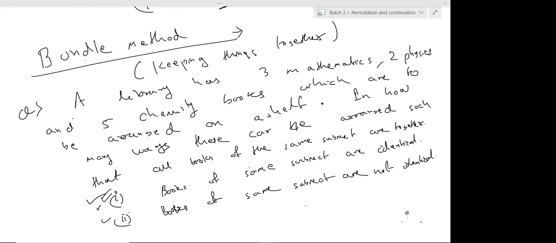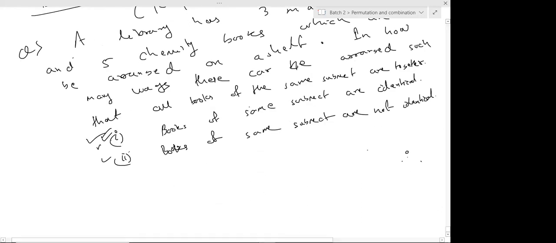All right, everyone wrote down the question. So the question says we have three mathematics books. In the first part, let's call them M. Three mathematics books, two physics books, and five chemistry ones.